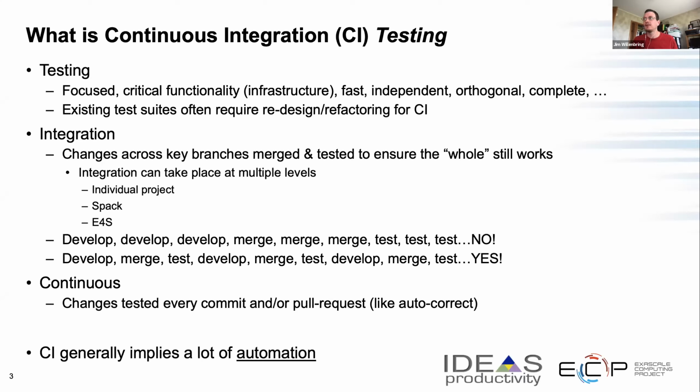This isn't always practical. One example is that integration testing can take place at multiple levels. You have your individual project, but there's also CI testing for Spack and for E4S, the Extreme Scale Scientific Software Stack. So when you have a change to one of the individual projects, it's relatively simple to say, well, unless we pass our own test suite, we're not going to allow this into the branch.